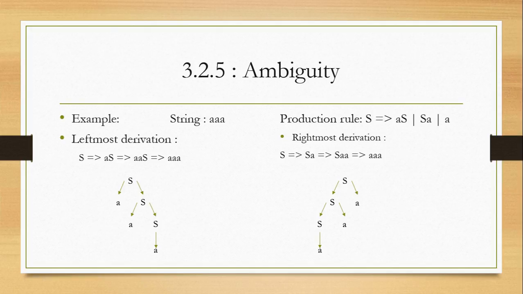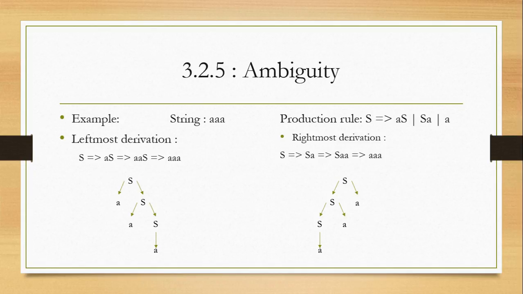For the rightmost derivation, S derives SA. Then we will change the rightmost non-terminal symbol into SA by applying the second rule, which is S derives SA. Then finally, we will change the remaining non-terminal symbol into A, by applying S derives A, and we will have the string AAA as follows.